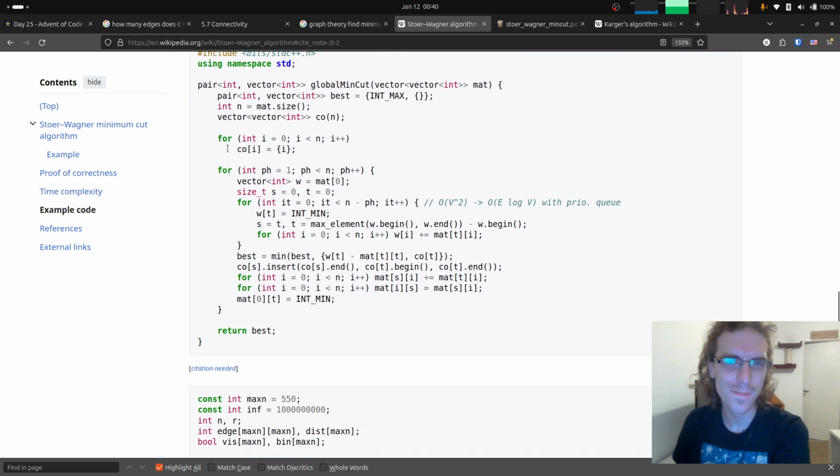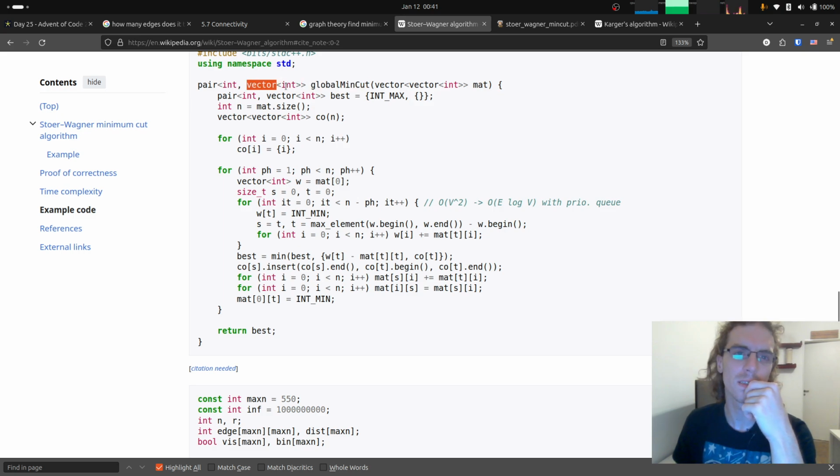Okay. Global min cuts. It returns an int and a vector of ints, which I guess is kind of what we care about. This vector, I will guess, is the vector of nodes in this adjacency matrix.